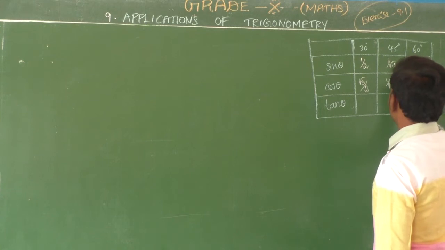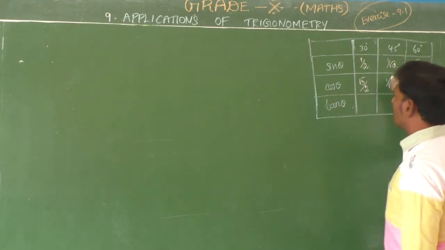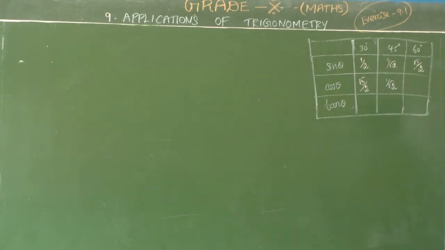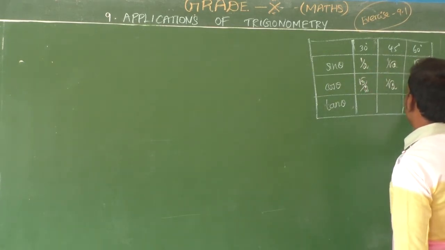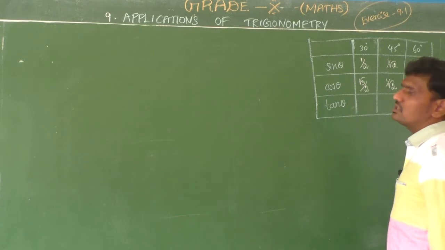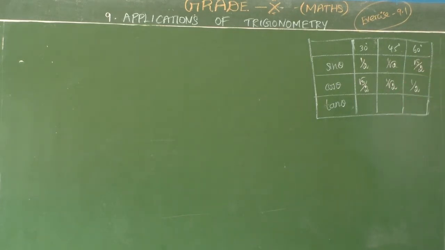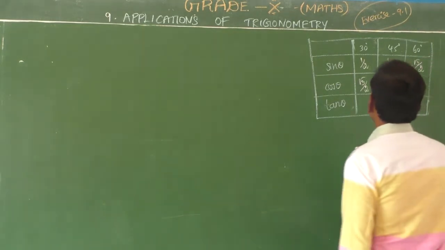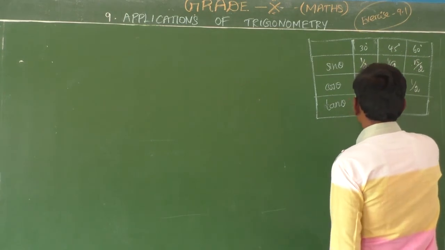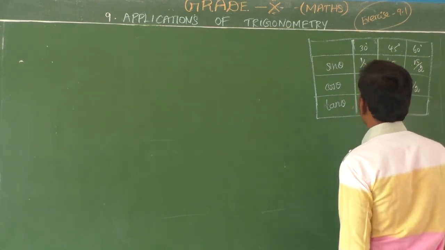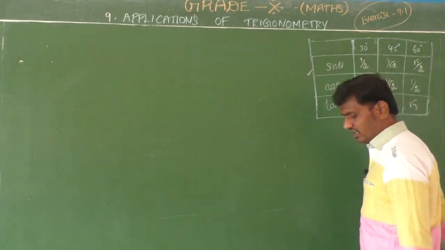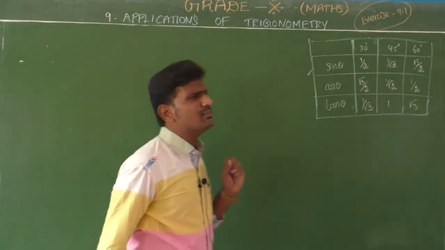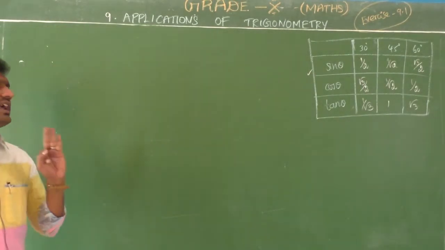Cos 45 and sin 45 both have the same value, 1 by root 2. Sin 30 and cos 60 both have the same value, 1 by 2. Then tan 30 is 1 by root 3, tan 45 is 1, and tan 60 is root 3. This table we are going to use the maximum number of times in the whole chapter.